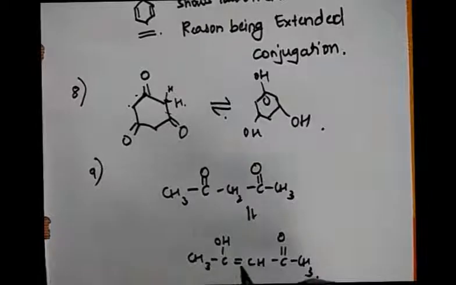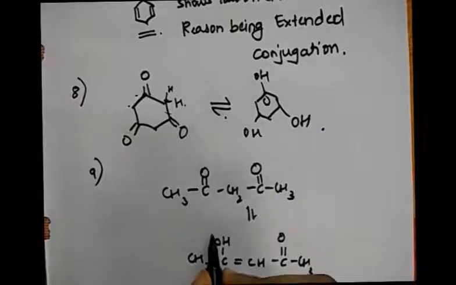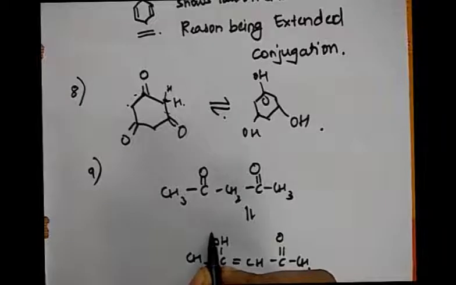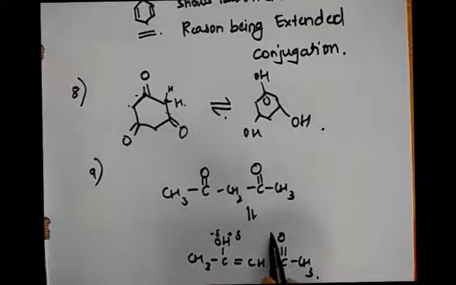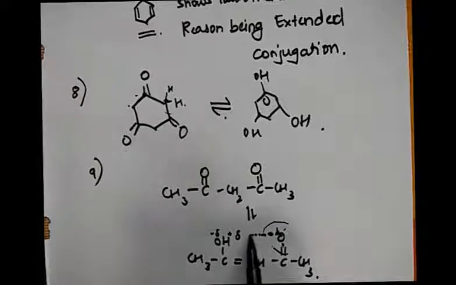So in this one, here it will become OH, it is partially negative, partially positive, and this will be partially negative as it is O. So the electrons over here will be more towards the oxygen side. It will be partially negative. So there will be attraction in between these.